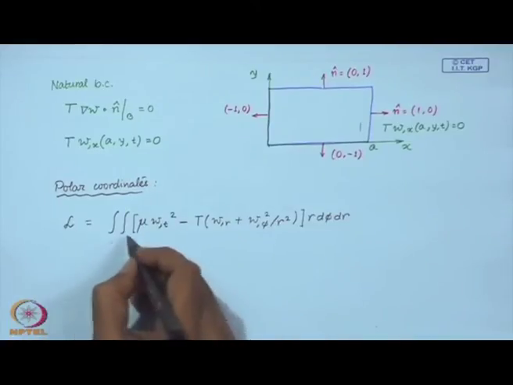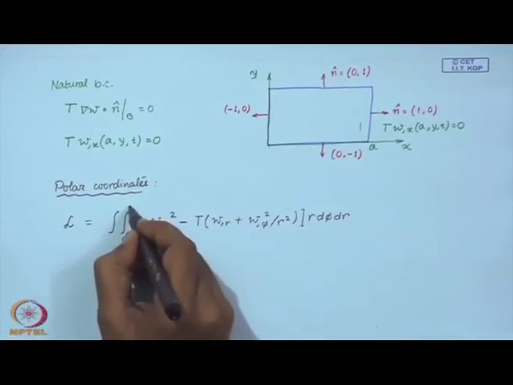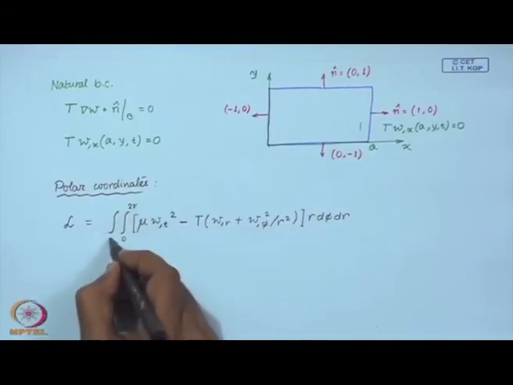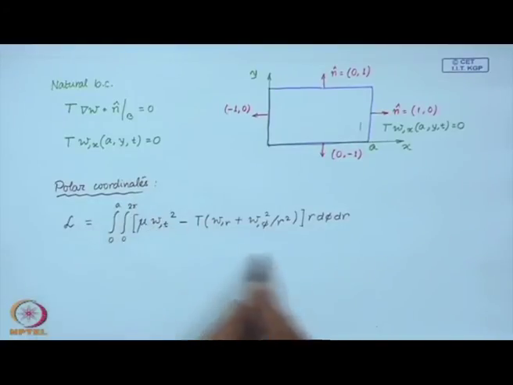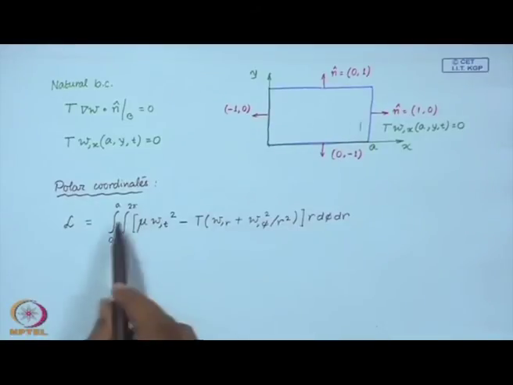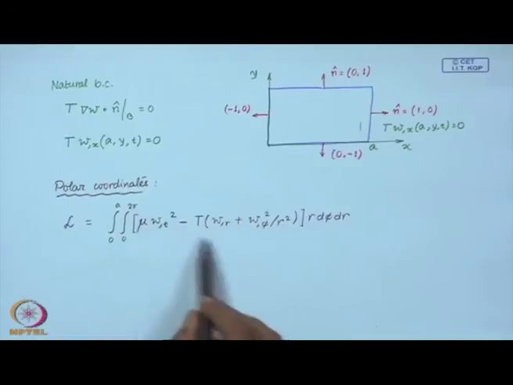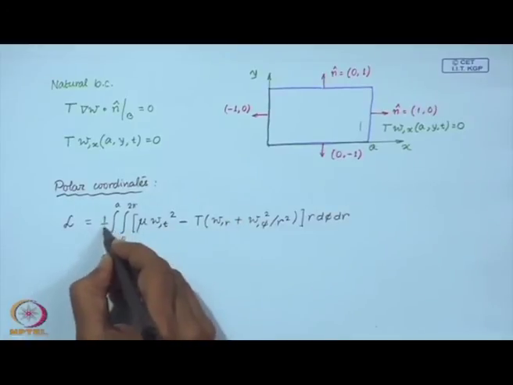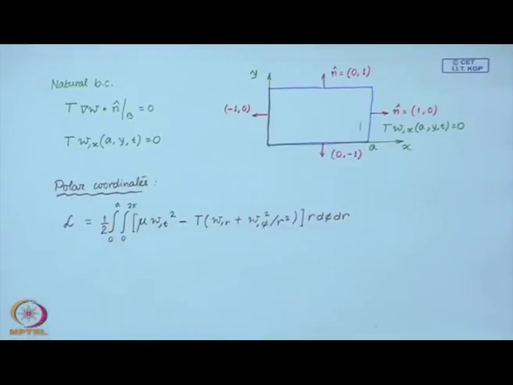So, in the case of let us say a circular membrane, you have the kinetic energy and the potential energy, and of course, there is a 1/2.